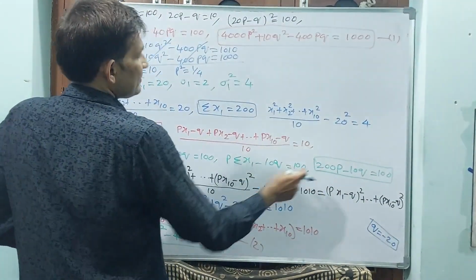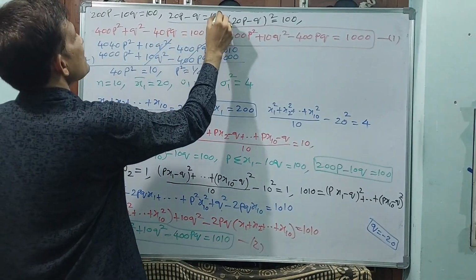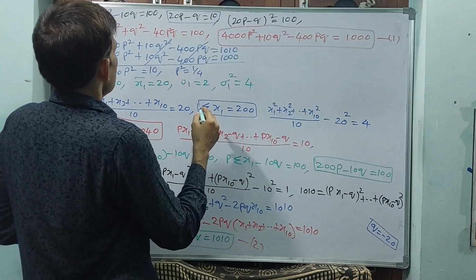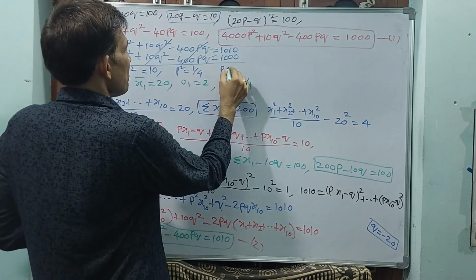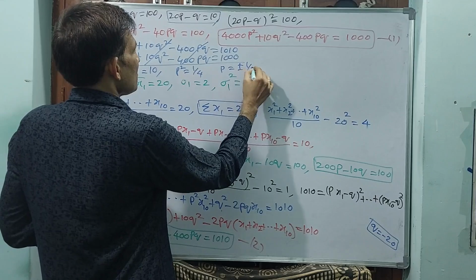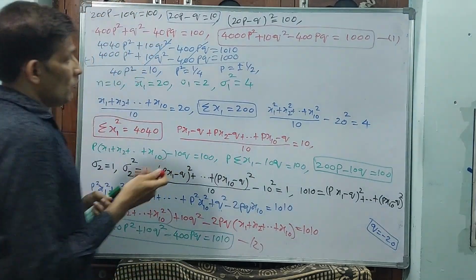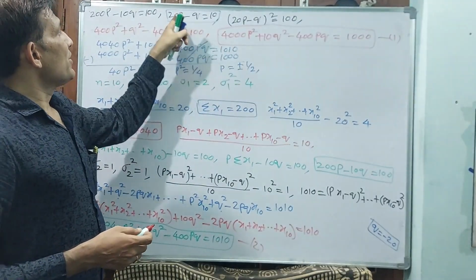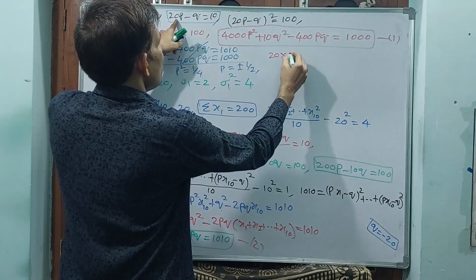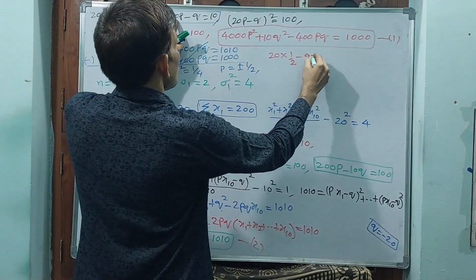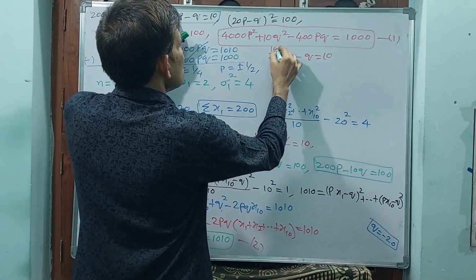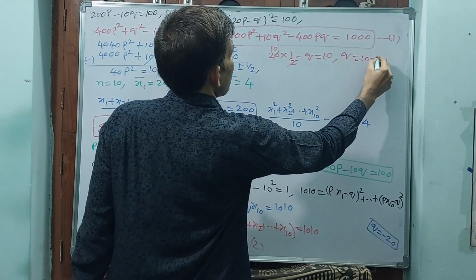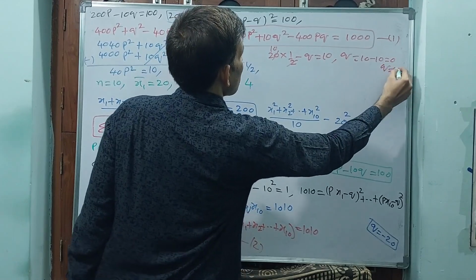I will take this equation. I want p. P square is 1 by 4, so p is equal to plus or minus 1 by 2. See, if I substitute plus 1 by 2 in this equation, 20 into 1 by 2 minus q is equal to 10. See, 10 minus q is equal to 10, so q is equal to 10 minus 10, that is equal to 0, but q should not be equal to 0.